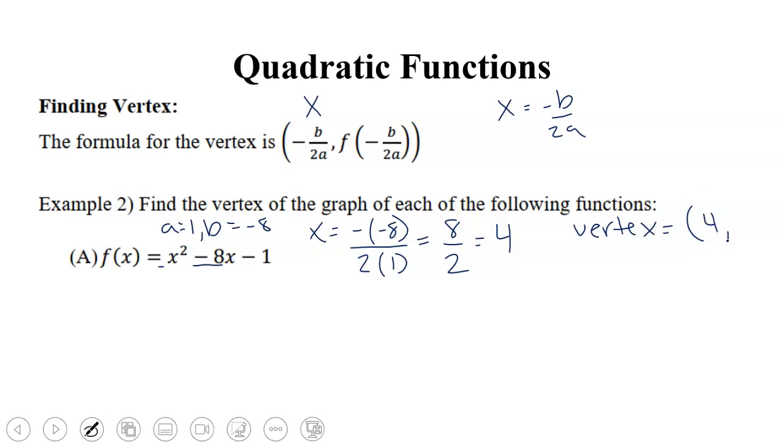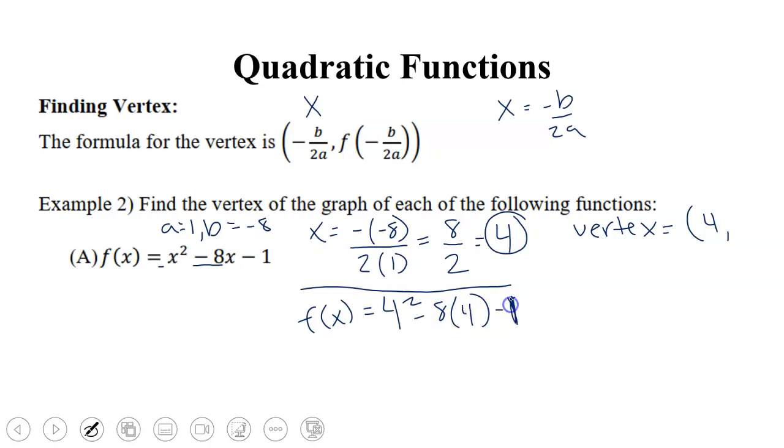So we need to figure out what's the y. So we're going to use this 4 and go back to our original equation, and we're going to plug in 4 instead of x. So f of x, remember that's our y. So instead of x, plug in 4 squared minus 8 times 4 minus 1.